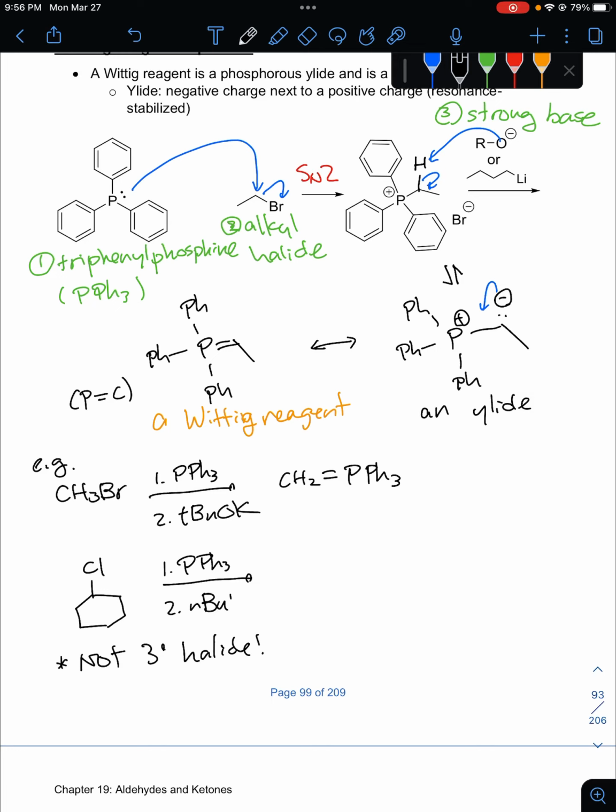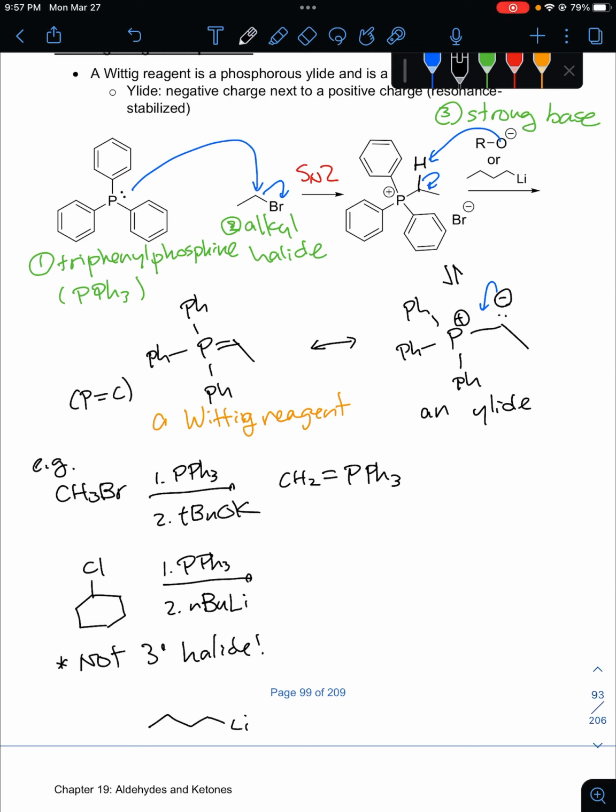The strong base, sometimes you might see other choices like n-butyl lithium, which is a very strong base, because if you think about it, this is the structure of n-butyl lithium. There's a carbon-metal bond, and of course all the charge is on the carbon. It's basically a carbanion, and it's such a strong reagent that it's really scary, and it's very pyrophoric.